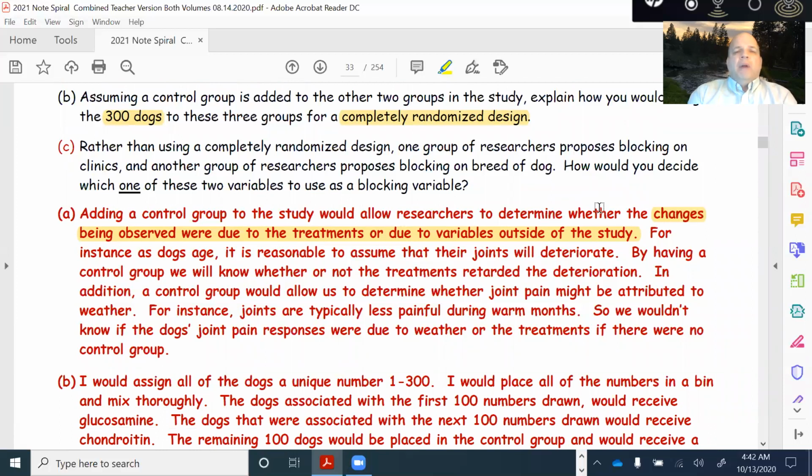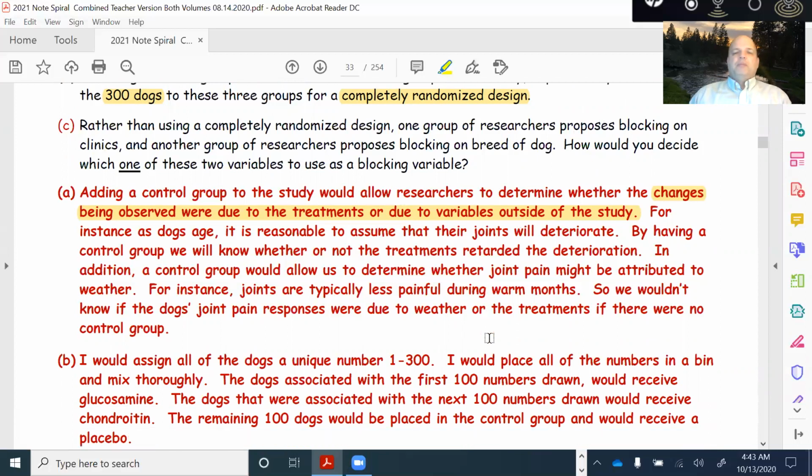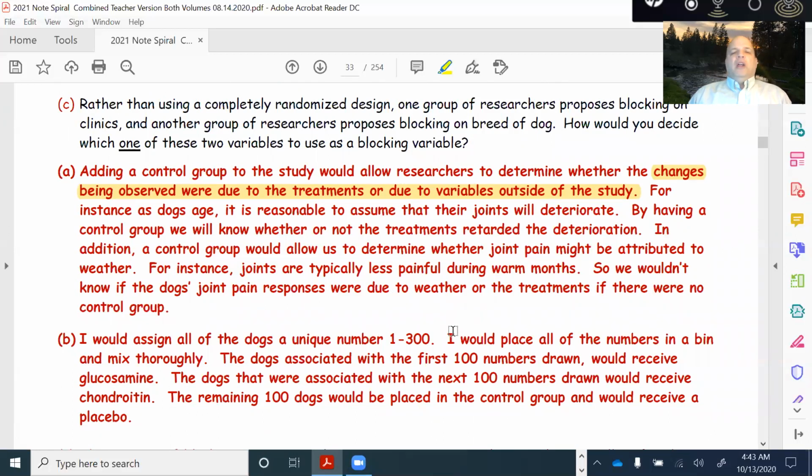However, it's not that easy to do that with dog names, because the dog names Fido, Fifi, Snowball, Fluffy, Rex, King, etc. tend to repeat themselves, and so there end up being a lot of dogs with the same name. So instead of using their names, I'm going to assign all the dogs a unique number from 1 to 300. I placed all of the numbers in a bin and mixed thoroughly. And now for the random assignment.